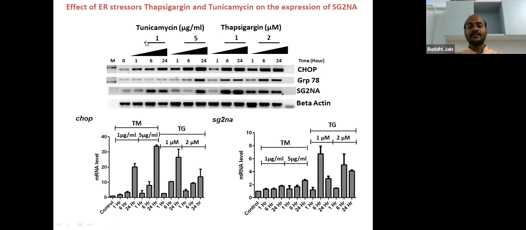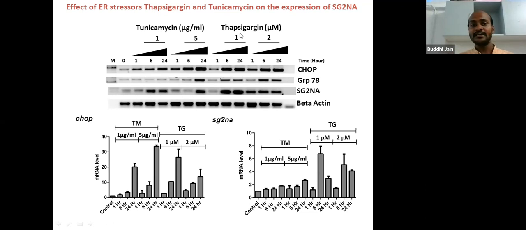When we treated with various concentrations of tunicamycin and thapsigargin and checked the expression of GRP78, it confirmed that upon treatment there is an induction of ER stress. But what is the effect of these drugs on Ag2Na expression? We found that upon treatment with these ER stressors, the expression of Ag2Na goes up.